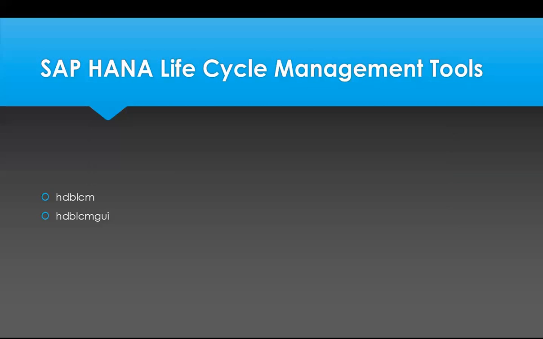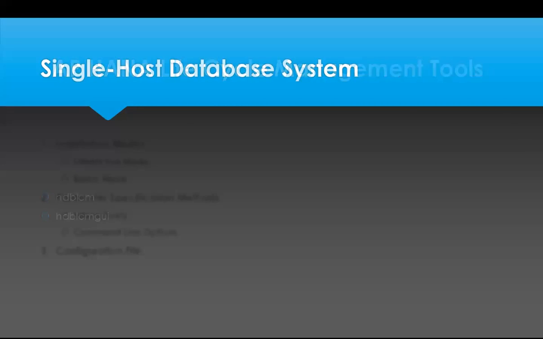First is the HDB LCM, that is Hybrid Database Lifecycle Management. This is the command line interface, right? So you'll have to put all the commands and then the installation will take place. It will take you through all the steps. And the second is HDB LCM GUI, that is the graphical user interface. So these are the two tools which you can use to install SAP HANA system.